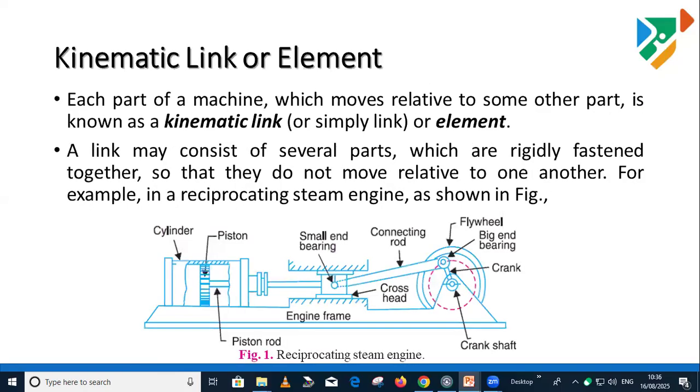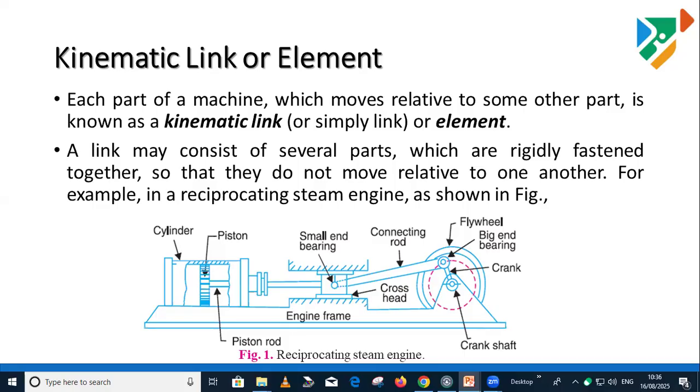Okay. So just look at this part. We have the kinematic motion transmission for a reciprocating steam engine. It consists of different linkages. Whenever we say a link, it is nothing but a single part or single component which is connected to some other part for motion transmission.